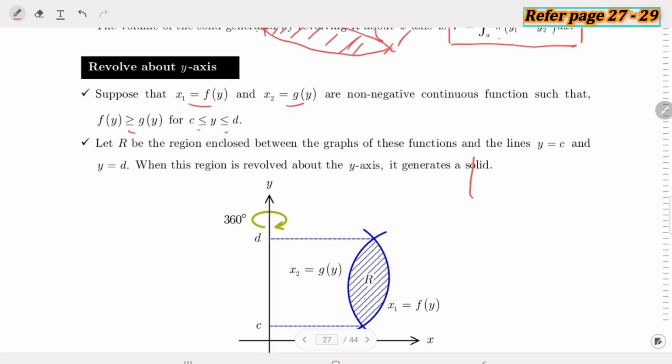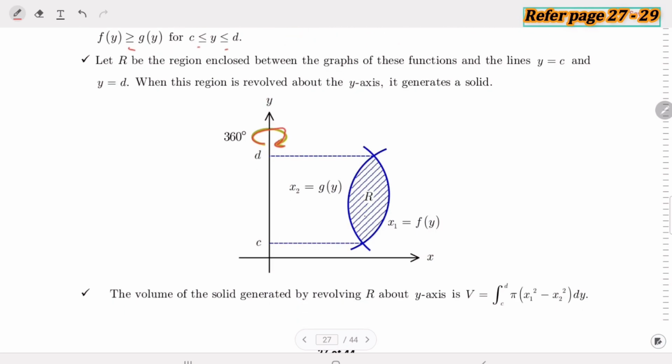Let R be the region enclosed between the graphs of these functions and the lines y equals c and y equals d. When this region is revolved about the y-axis, it will generate a solid. Let's look at the sketch.